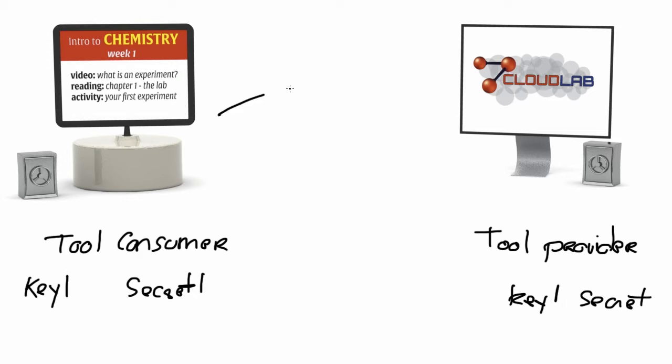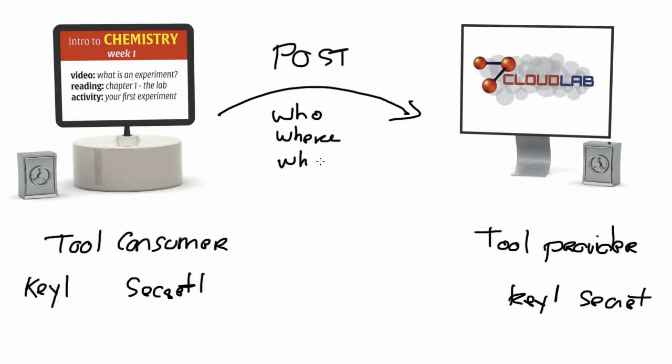So now, when you have this link, it's a POST. It contains the who, the where, the what. It will also now contain the key, basically identifying the originator of that request. And it will contain a signature. So what is a signature?